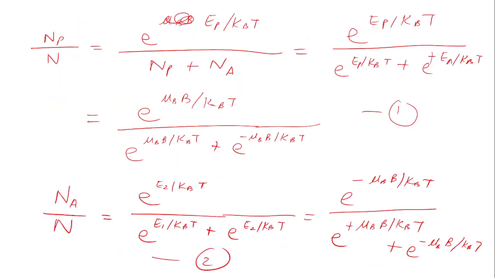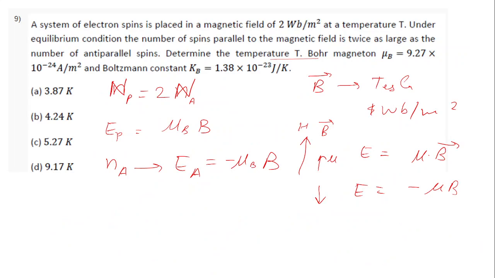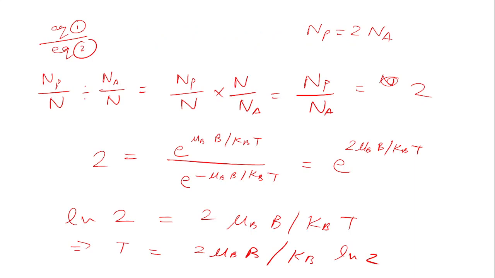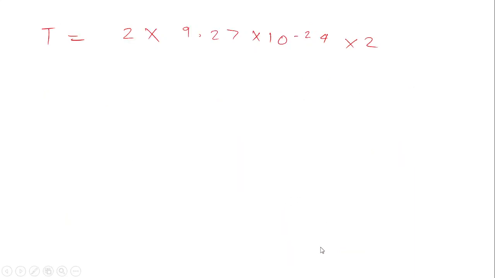The temperature will be 2 times the Bohr magneton, 9.27 times 10 to the power minus 24, times the magnetic field, 2 Weber per meter square, divided by kB natural log 2.